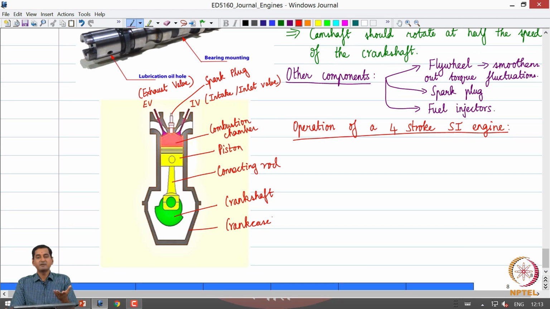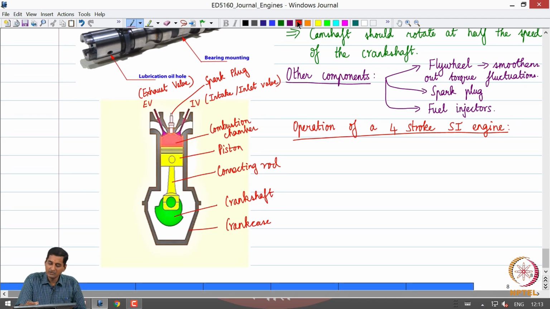And once the fuel air mixture combusts, we are going to generate thermal energy that is going to result in high pressure gases which are going to expand and push the piston down, and that is where the energy transfer takes place, and then the burnt gases which are the products of combustion are pushed out through the exhaust valve. So, those are the typical strokes that happen in a 4-stroke spark ignition engine.